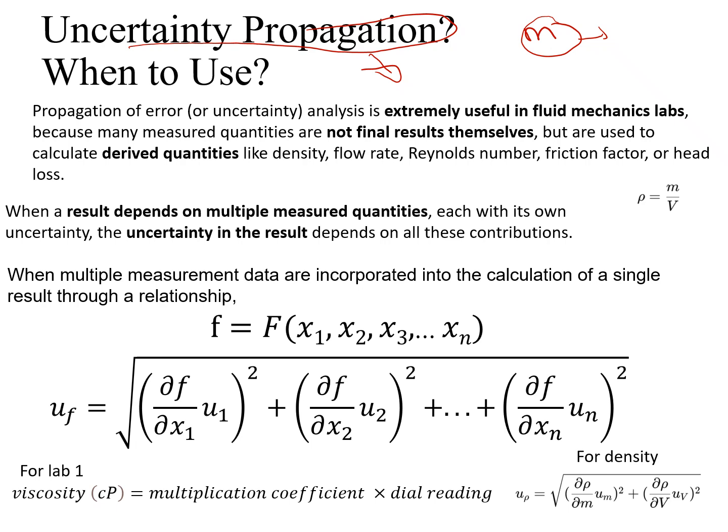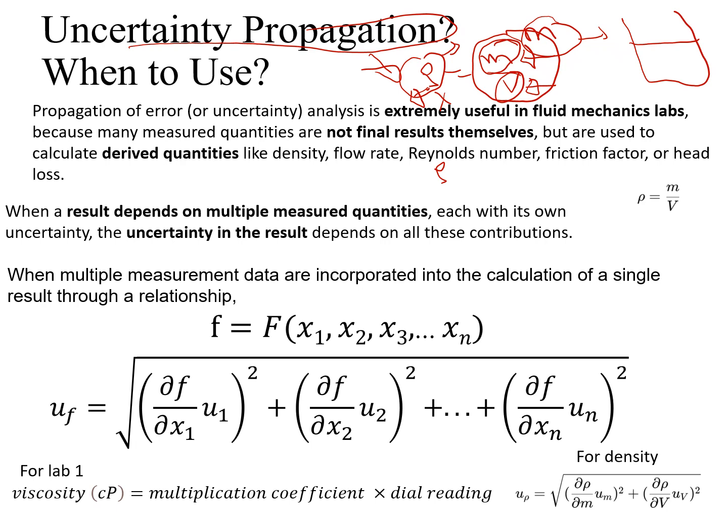For instance, if you want to find the density of some fluid, can you measure the density directly? No, density is mass per unit volume. So in order to measure density, you measure mass, you measure volume, and once you know these, only then do we know density. This is a derived quantity. You don't measure it directly.